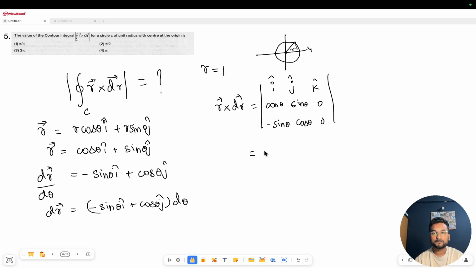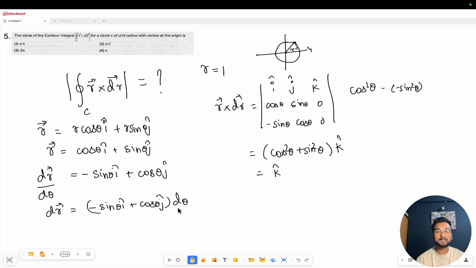So the only component which will come is for k cap. For k cap, the row and column are not included, then cos square theta minus, sorry, cos square theta plus sin square theta, which is nothing but 1. So you get just k cap, but d theta was there, so you have to write d theta also.